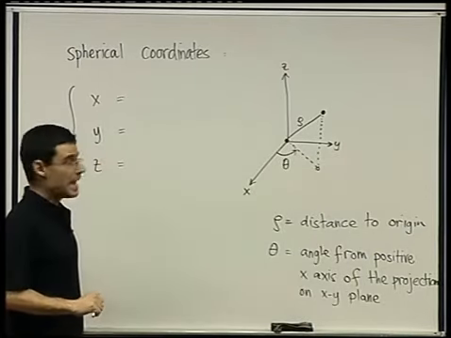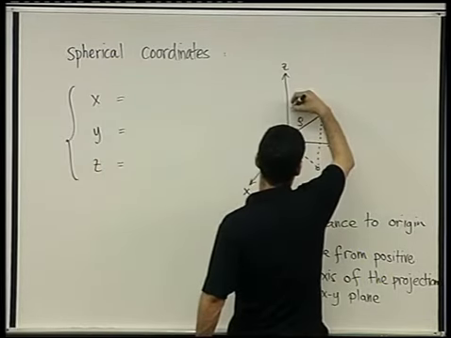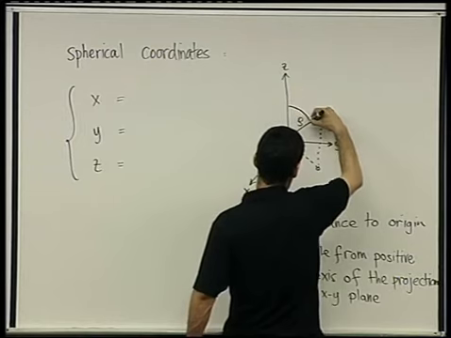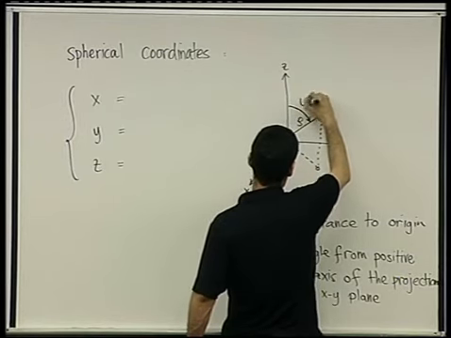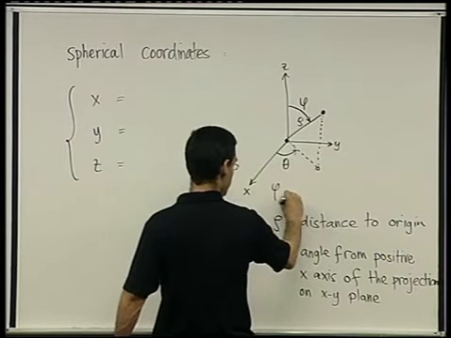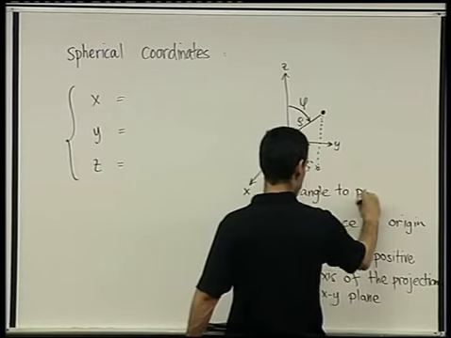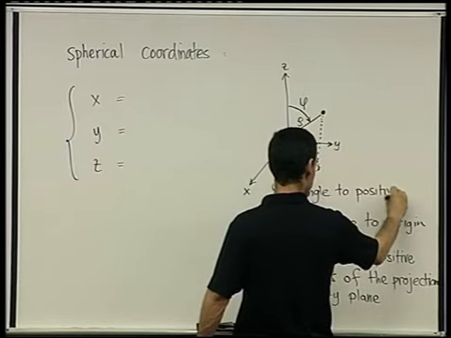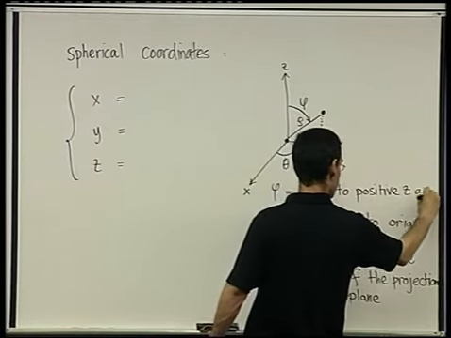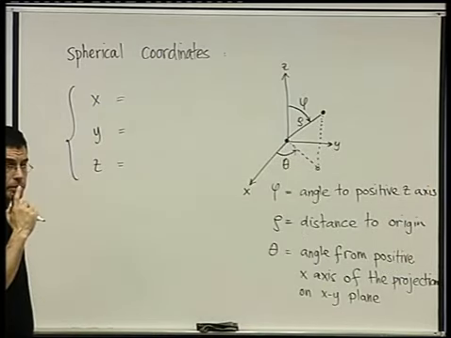Okay? And phi is going to be the angle to the positive z-axis. So this is going to be phi. So let's write it up here. Phi is the angle to positive z-axis. Okay?